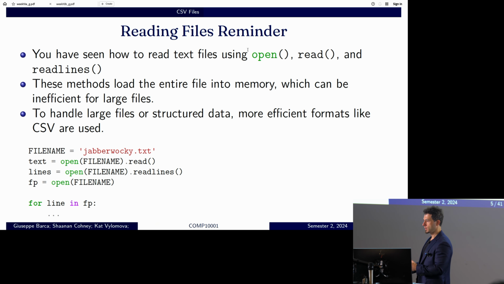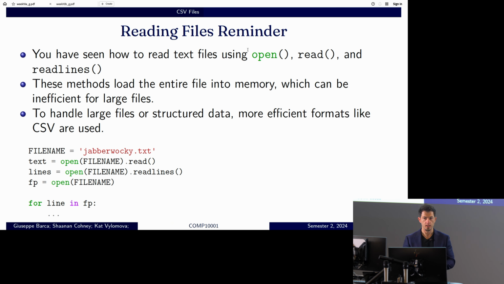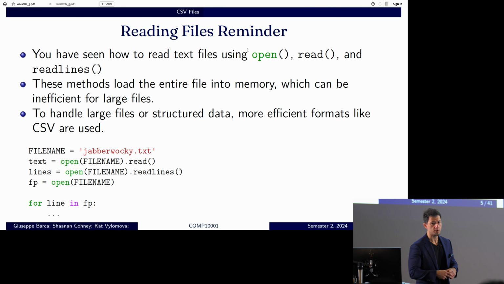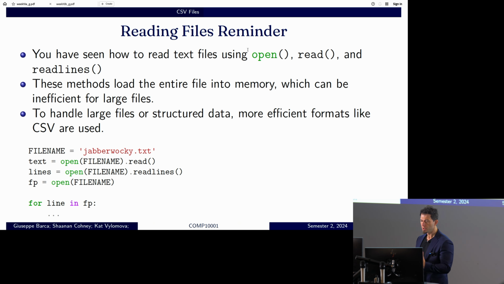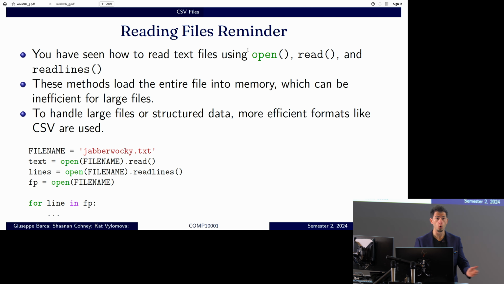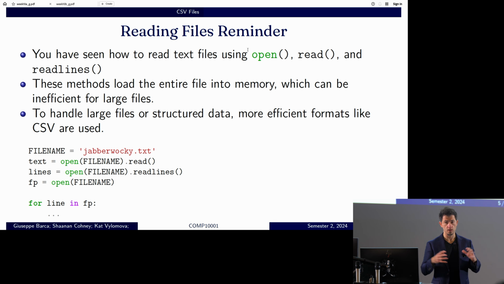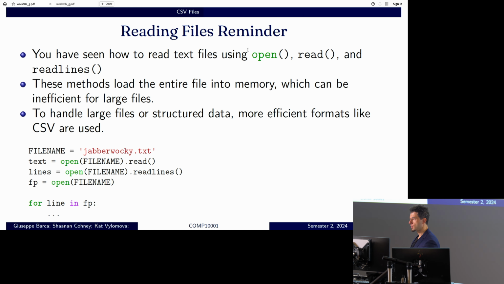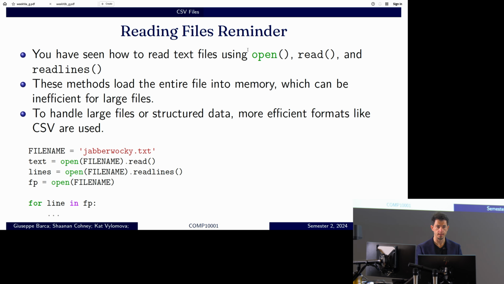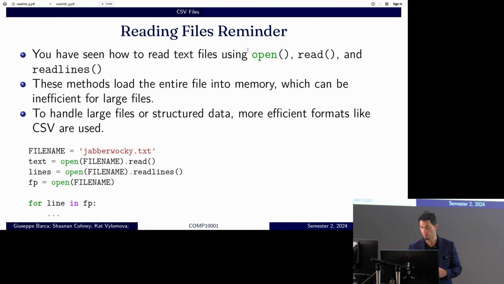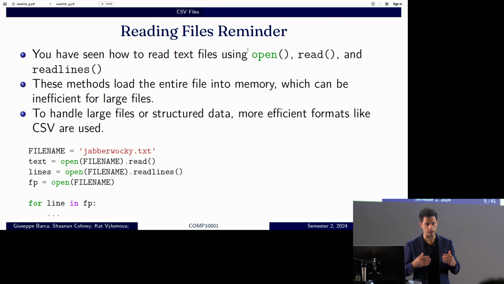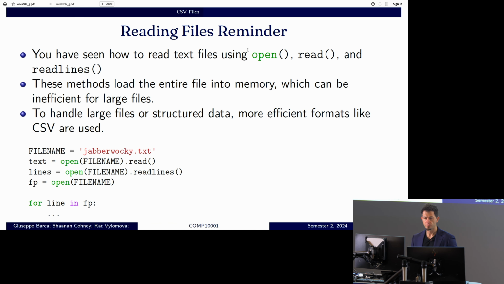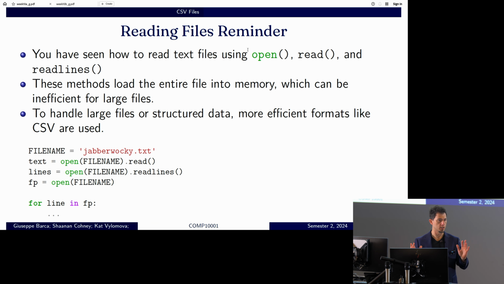This function returns a file object on which you can call read, a member function that will read the whole file at once in a single string. If you don't want to read the whole file in a single string but one line at a time, readlines will do that for you. Specifically, readlines returns a list of strings, and each string is a different line in our file.